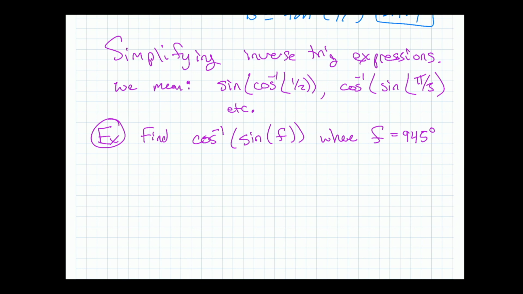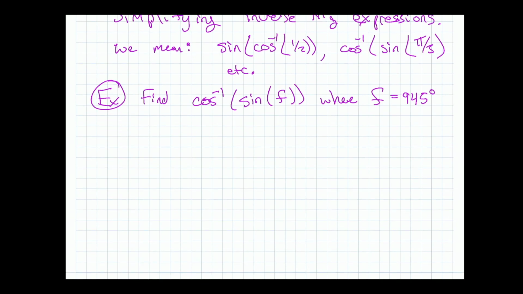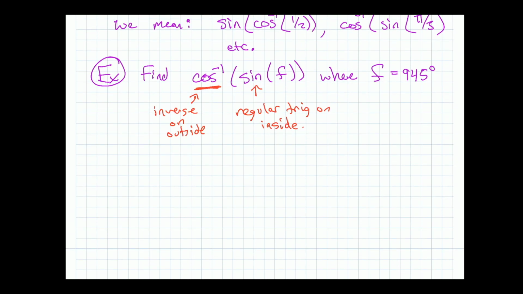Okay, now in this type of problem, what you can do is this. This would be my advice. You have the outside function is inverse. So the inverse is on the outside. And then on the inside, you have a regular trig. All right. In this case, I would just evaluate this from the inside out.